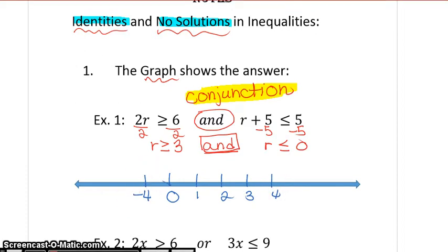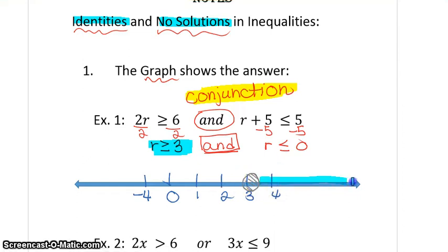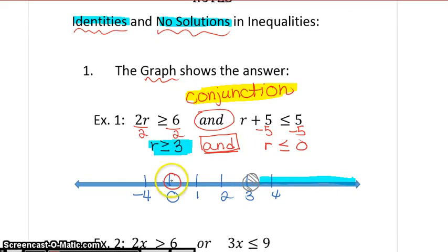So the first one, r is greater than or equal to 3. We'll go to 3, and it will be shaded in, and greater will be to the right. The next one, r is less than or equal to 0. We go to 0, shaded in.